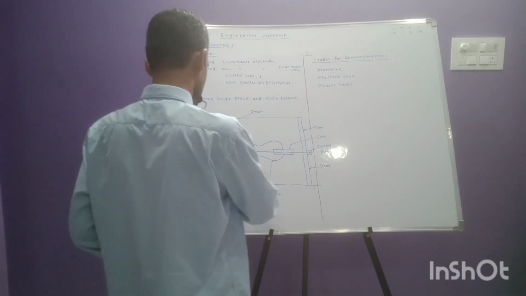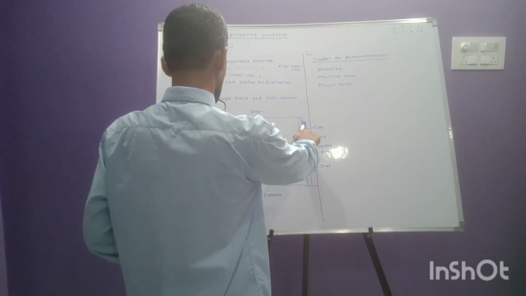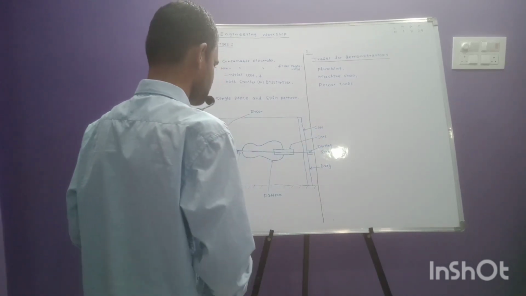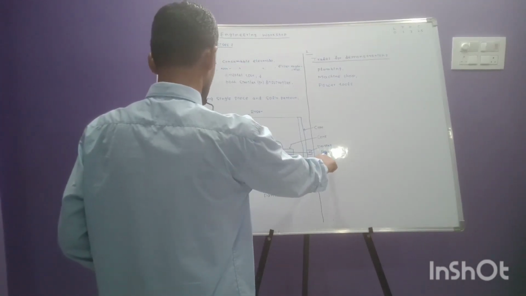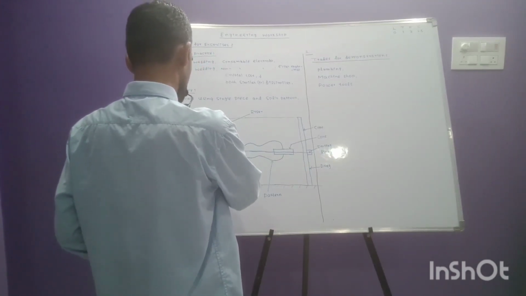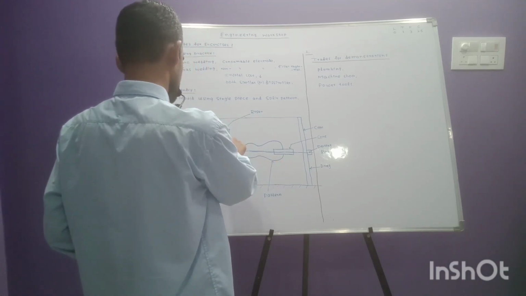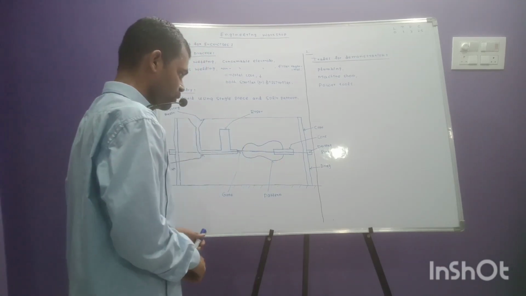This is the parting line. The top half is the cope and the bottom half is the drag. This is the pattern parting line. When the mold is completely filled, it reaches the riser.